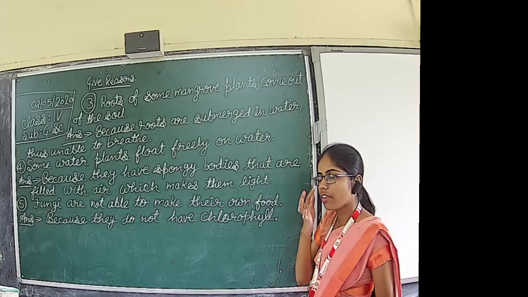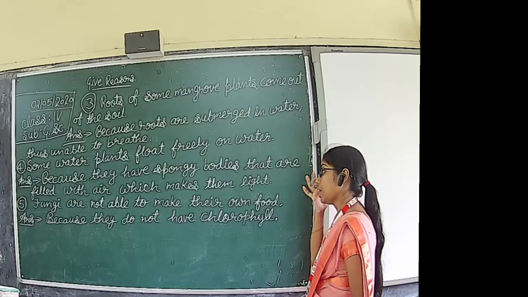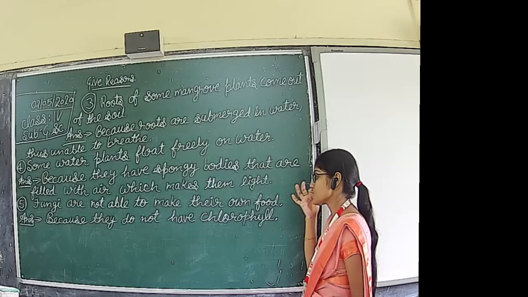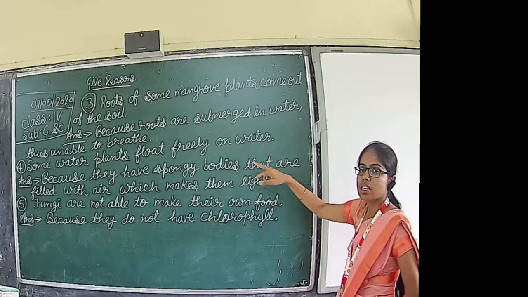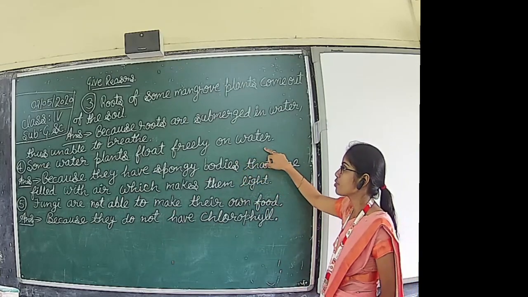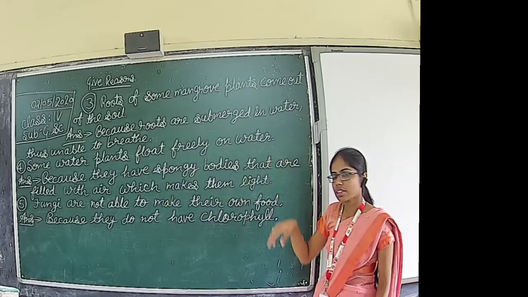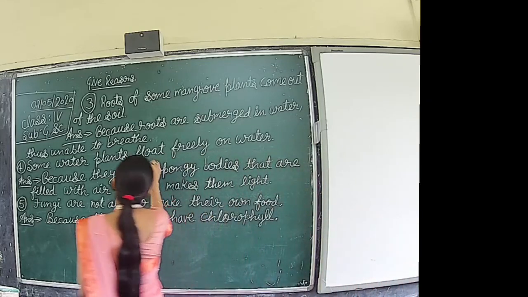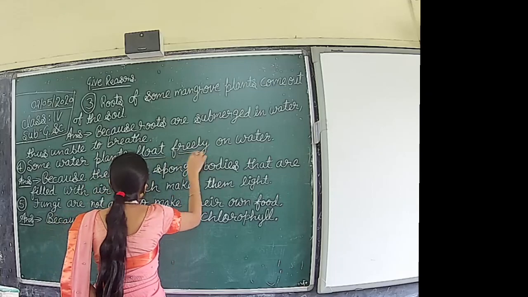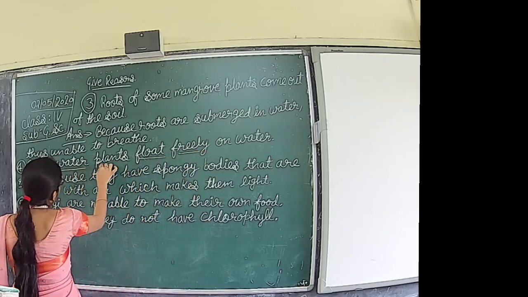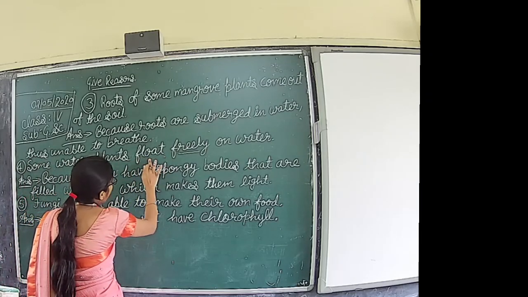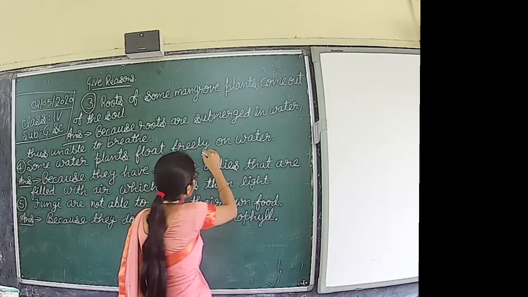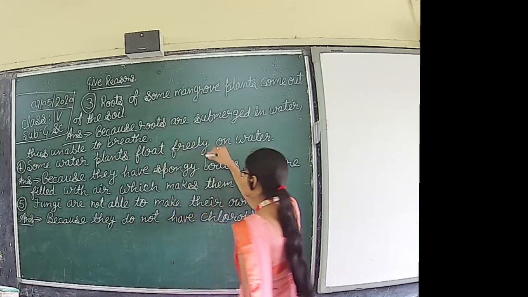I hope all of you have written this answer. Now we will move to the next question, question number 4. Some water plants float freely on water. About which plants are we talking? The plants which float freely on the water.